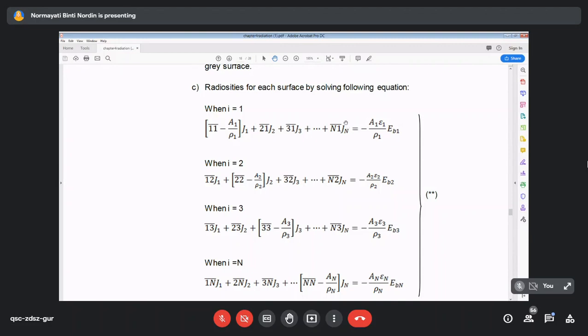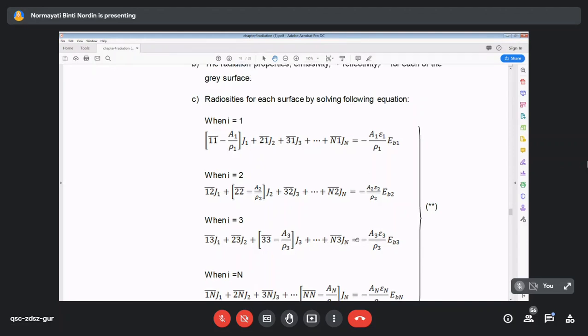So kalau dah memang biasa guna, kita boleh terus tangkaplah dia punya formulation ni. And you will have this term A1 epsilon, area 1 times emissivity 1 over reflectivity 1 times black body emissive power.